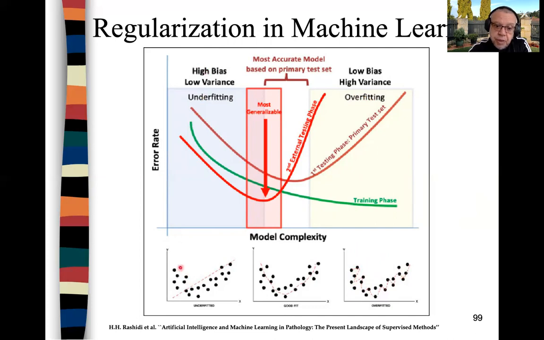In the case of underfitting, you can see that your training error is high. So the training error is related to the bias: if you have a high training error, you have a high bias. And then when you test your model, you see that you have also a high error.